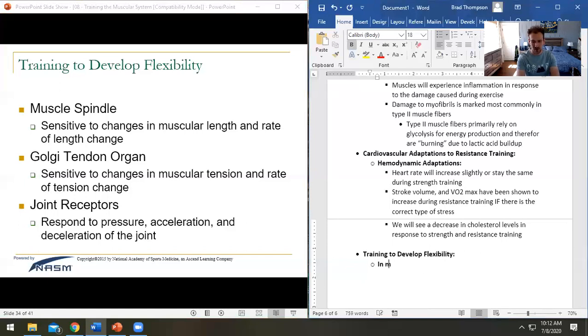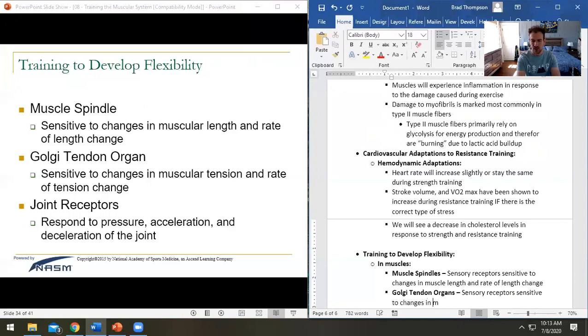So in muscles, we are going to see muscle spindles, which are sensory receptors sensitive to changes in muscle length and rate of length change. We'll see Golgi tendon organs, which are sensory receptors sensitive to changes in muscle tension and rate of tension change.